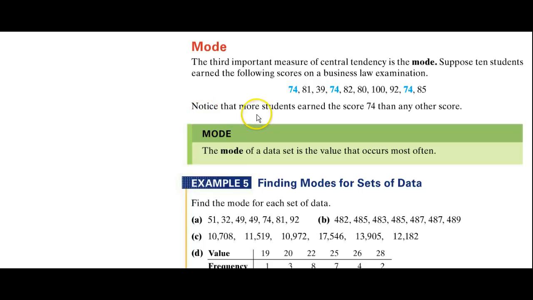Notice that more students earn the score of 74 than any other score. There were 3 students that had 74. So the score that occurs most frequently is the mode.